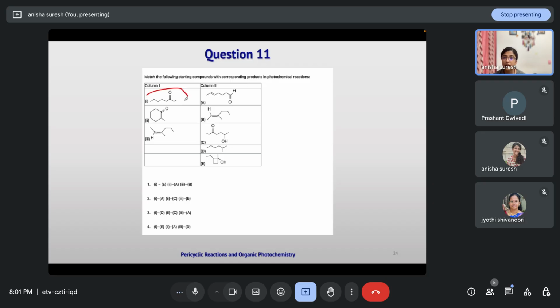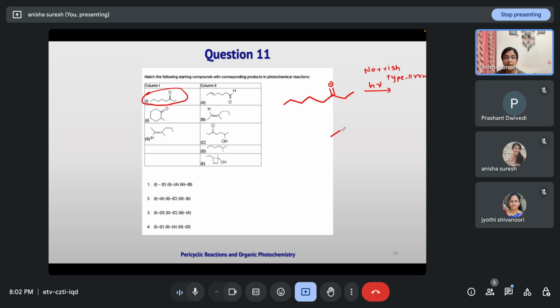So this, how it is undergoing photochemical reaction. Double bond O under photochemical condition. It will be undergoing which reaction? It will be undergoing a Norrish type 2 reaction.